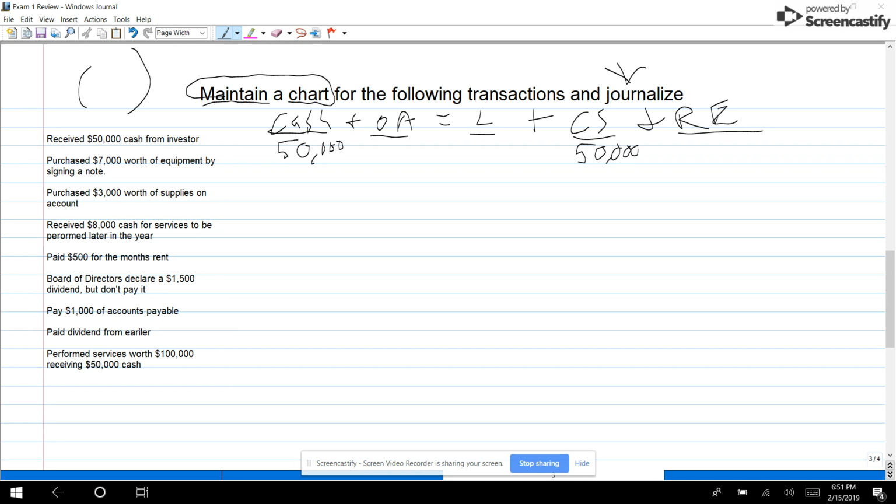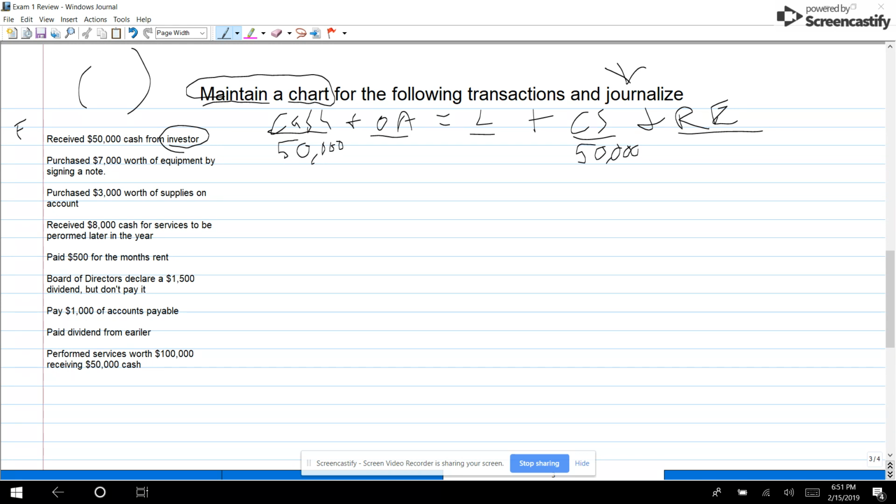A lot of people are going to be quick to label this as an investing activity because of that word investor, but investing activities only deal with long-term assets. So if we buy or sell land or equipment that's going to last a really long time. So this transaction is actually going to be a financing activity.